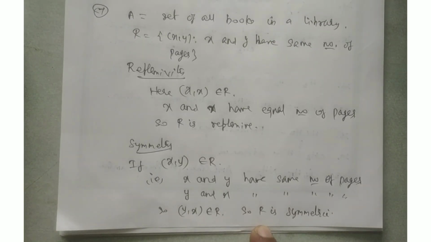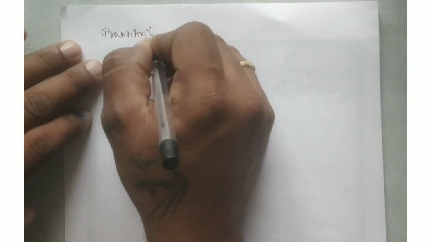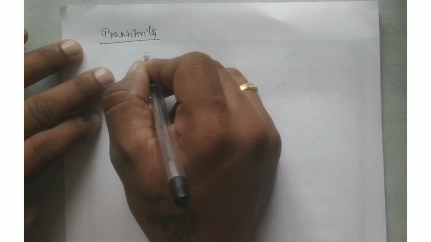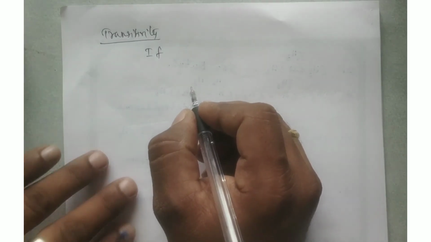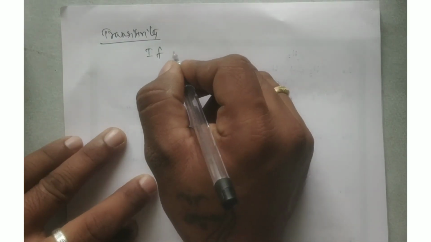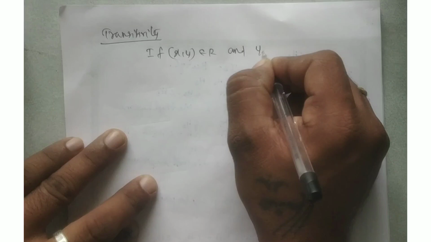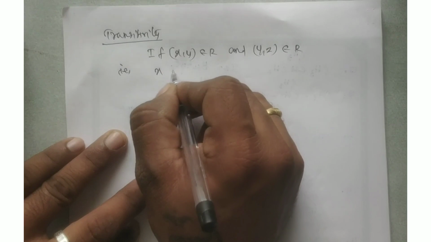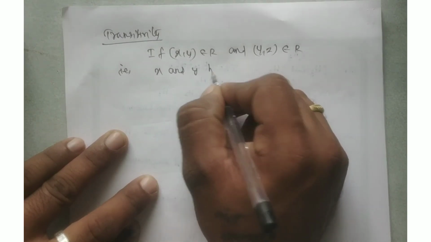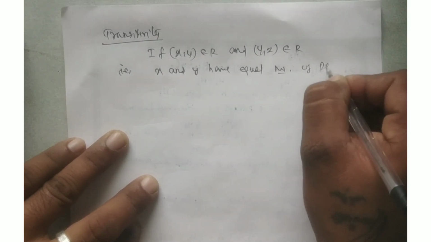Next we have to show that it is transitive. So transitivity. What is the definition of transitivity? If (x, y) belongs to R and (y, z) belongs to R, that should imply (x, z) also belongs to the relation. So if (x, y) belongs to R and (y, z) also belongs to R, what is the meaning of this? x and y have equal number of pages.